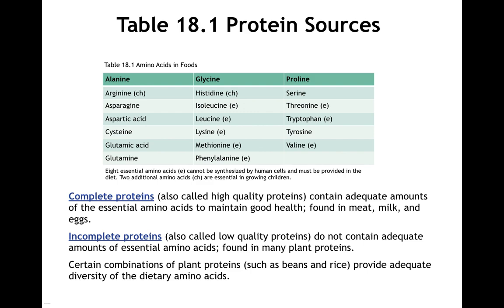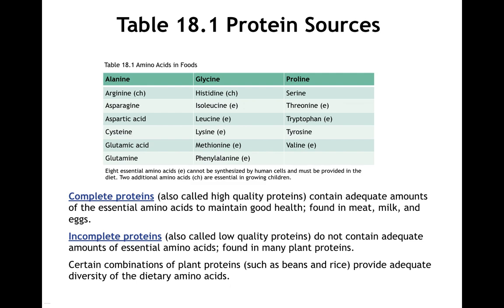The 8 essential amino acids that can't be synthesized are shown here with an E next to them. That would include isoleucine, leucine, lysine, methionine, phenylalanine, threonine, tryptophan, and valine.